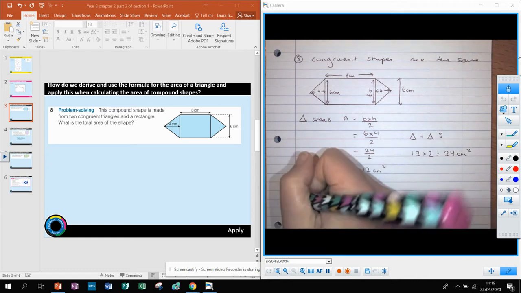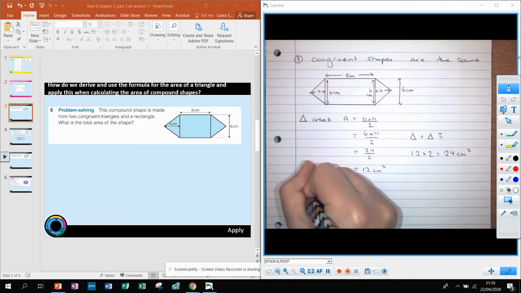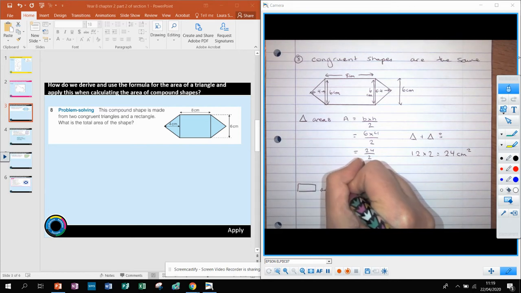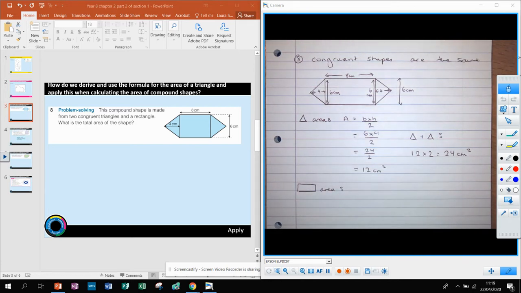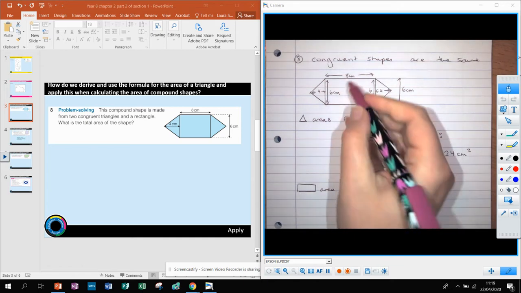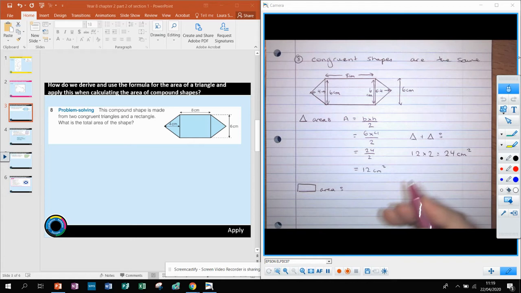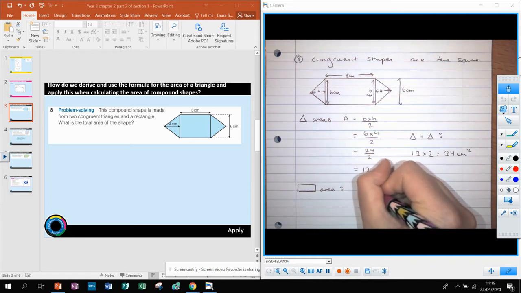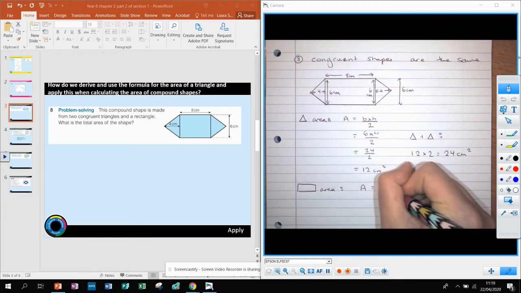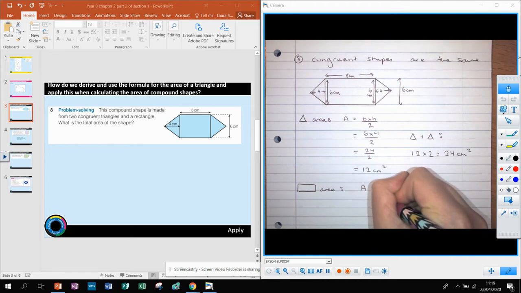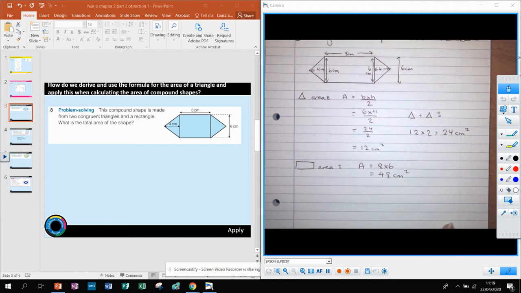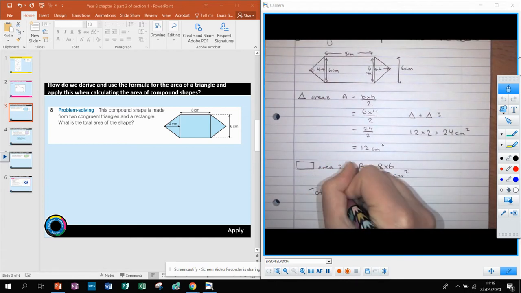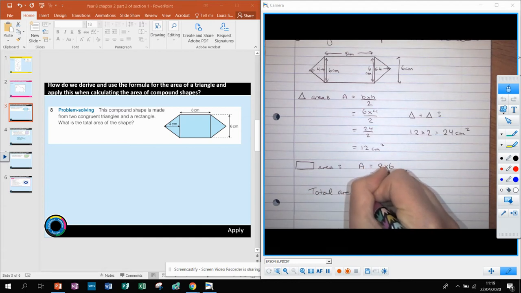Right, let's now look at the area of the rectangle. We know that rectangles, okay, to get their area, it's length times width. So let's do that. The length is 8 and the width is 6. So the area is going to be equal to 8 times 6, which is 48 centimeters squared, which means to finish, I need to have my total area, which is the sum of all the areas together, adding them up.